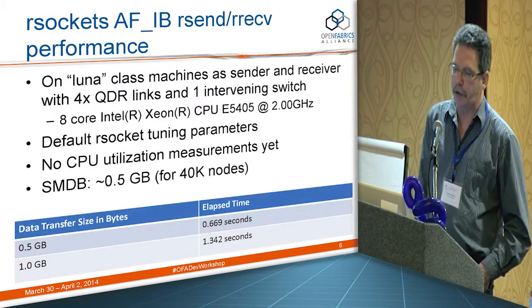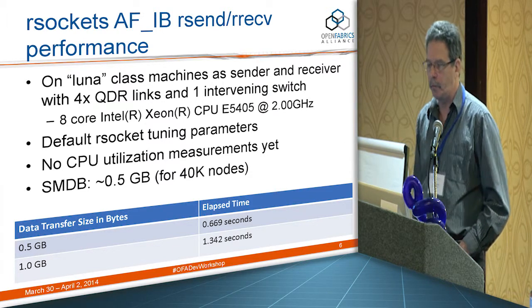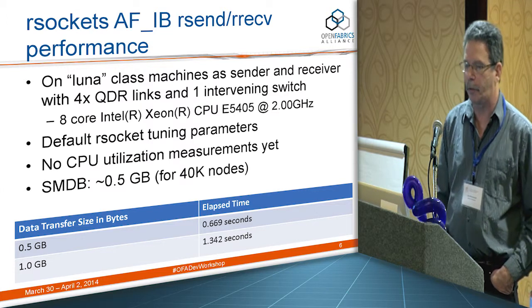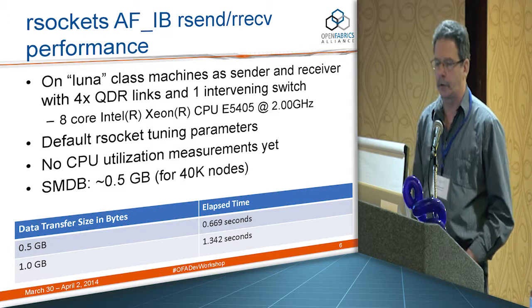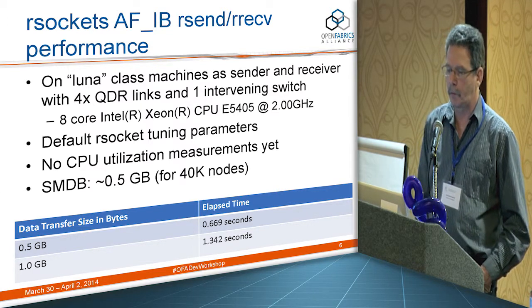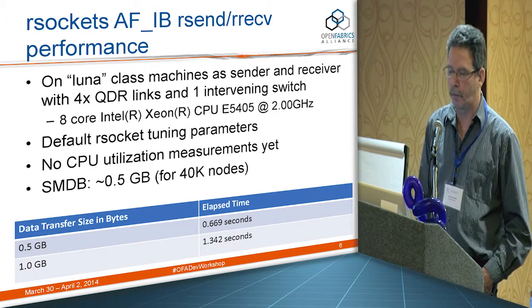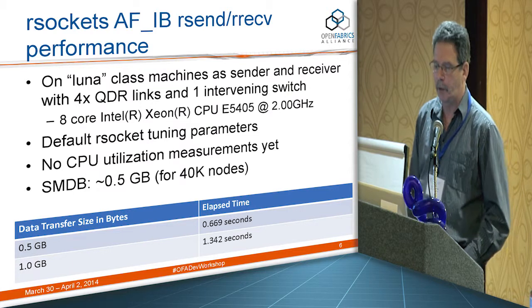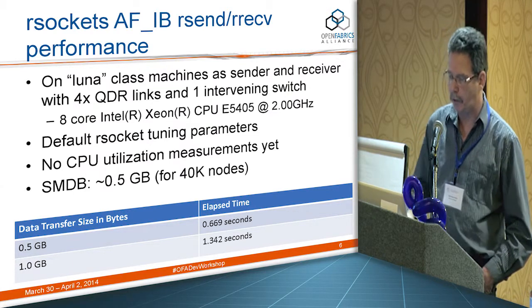So this is just a slide showing some of the preliminary, no tuning, just send receive, not using RDMA, on a certain Xeon core machine. Moving half a gigabyte of data takes about 2/3 of a second.